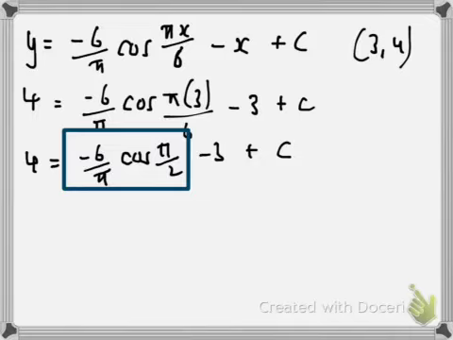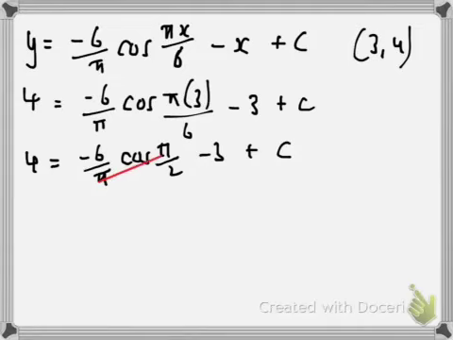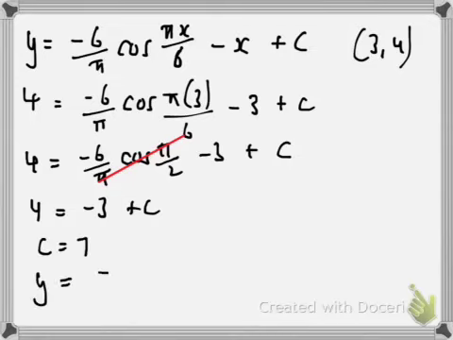So, next line, because that basically goes out, we've got 4 equals negative 3 plus c. c equals 7. So our equation is y equals negative 6 over π cos(πx/6) minus x plus 7.